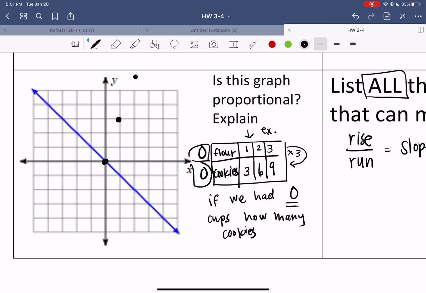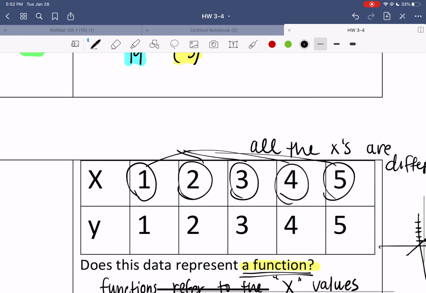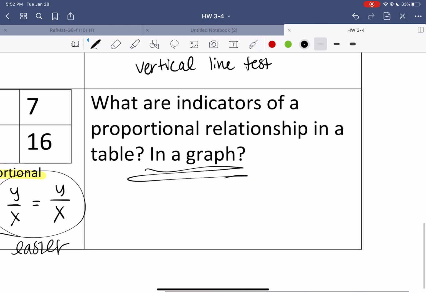So remembering that all proportional relationships, when graphed, will pass through the origin because of that relationship that proportionality creates. So I hope that helps and you're able to come up with a reason why, or an indicator, or an explanation of proportional relationships in tables and graphs.